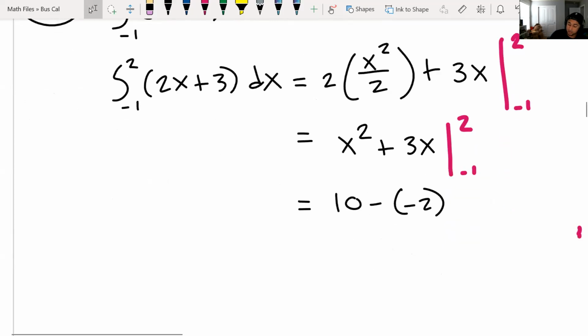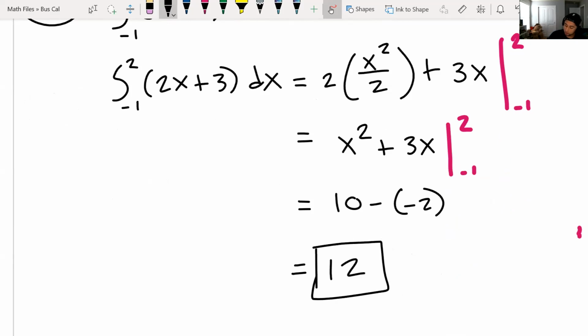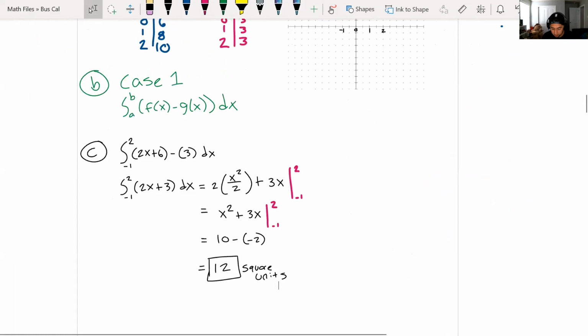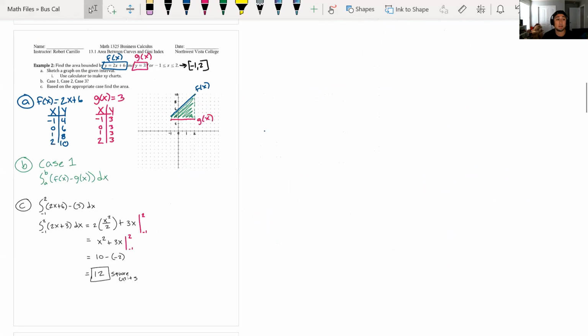So our answer is 12. 12 square units. All right, perfect. Good to go. So, same exact thing again. Graph them, figure out the case, set up the integral.